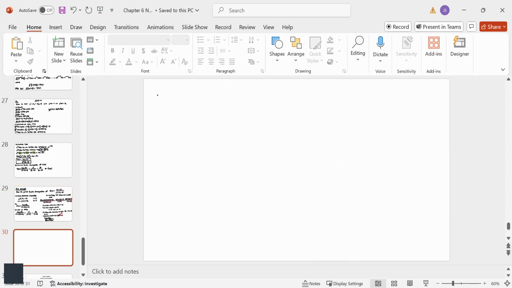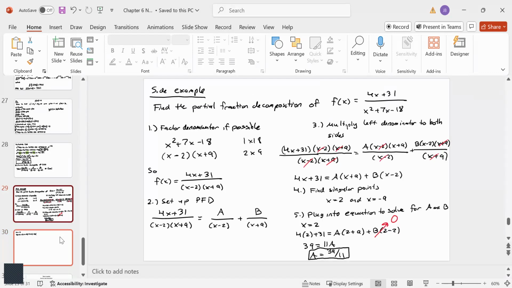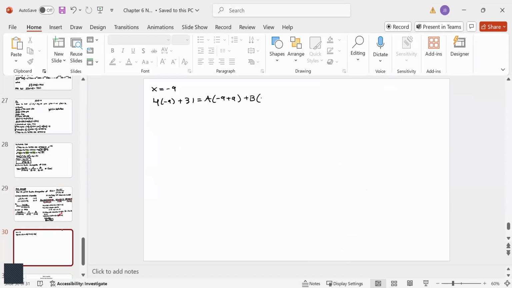So x equal to -9, which means, what was it, 4 or 2? 4. 4 times -9 plus 31 is equal to A times (-9 plus 9) plus B times (-9 minus 2).